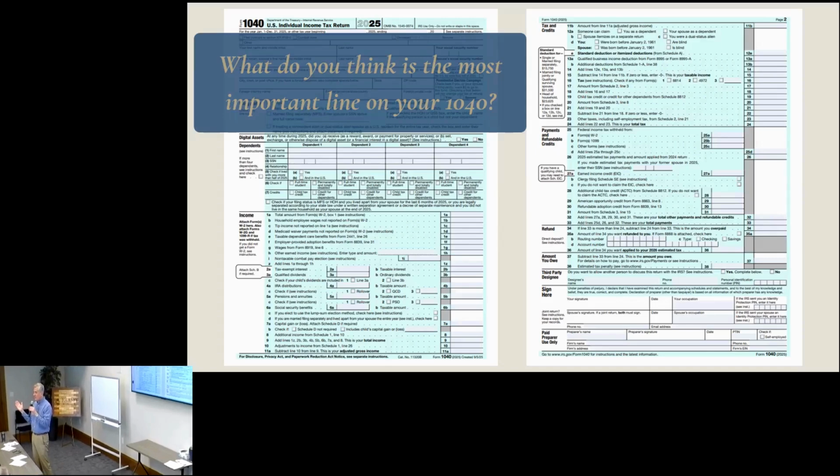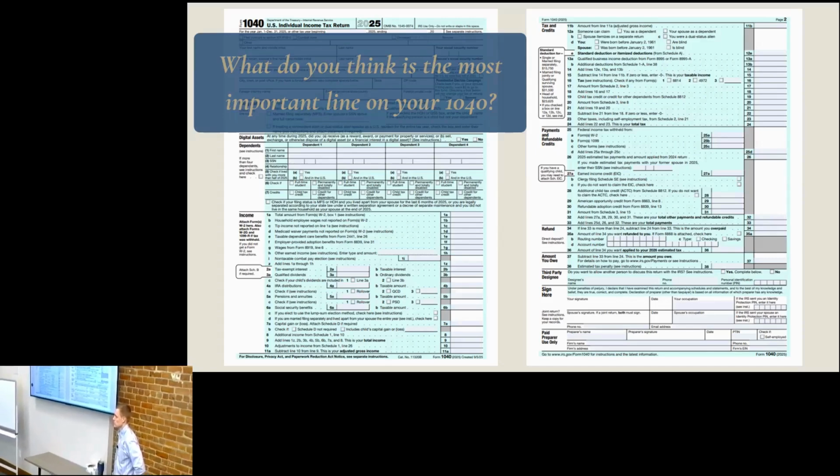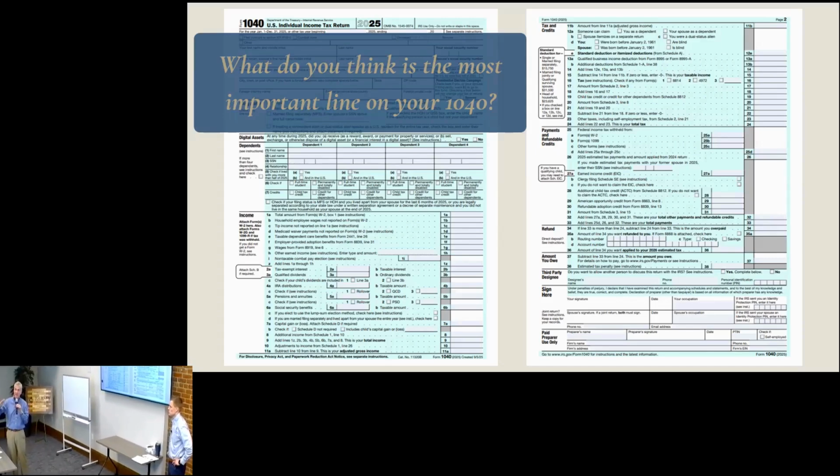Well, we always say that the Social Security tax is a domino that gets hit by the extra income domino. So you make more money by working, or you take more money out of your IRA, and that income domino falls and hits the Social Security domino, and all of a sudden you're paying more tax on your Social Security benefits, if you're not already at the maximum level of 85%.